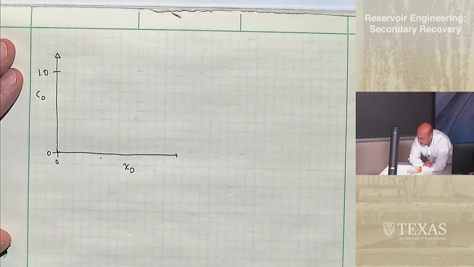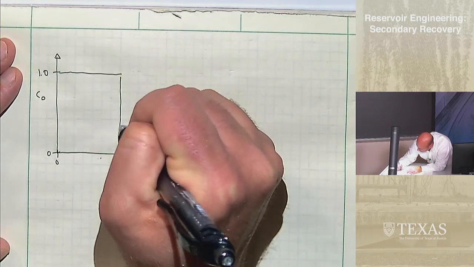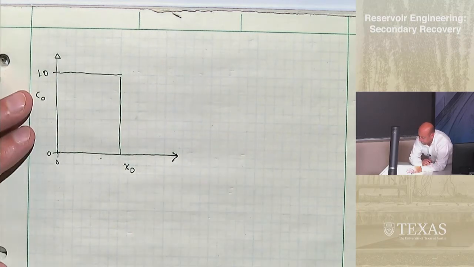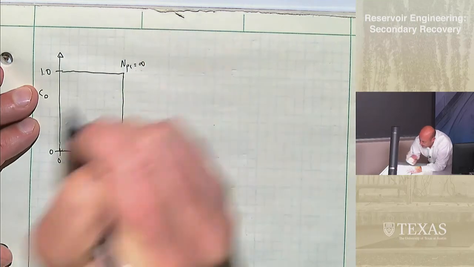And if the Peclet number was very, very large, like infinity, you would actually get something that looked like this. This is Peclet number equal to infinity.